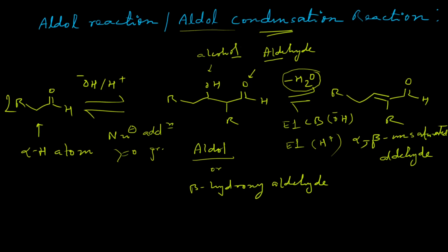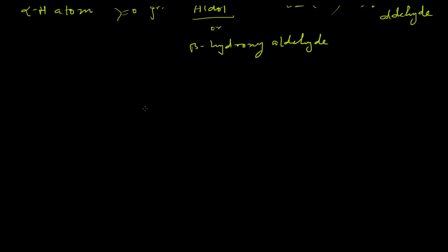Now let us go into the mechanism for the aldol reaction. In the first step, if we consider this aldehyde, let us first consider the base catalyzed aldol reaction. Then we will go into the acid catalyzed one.